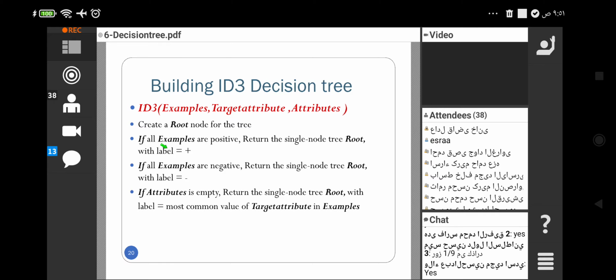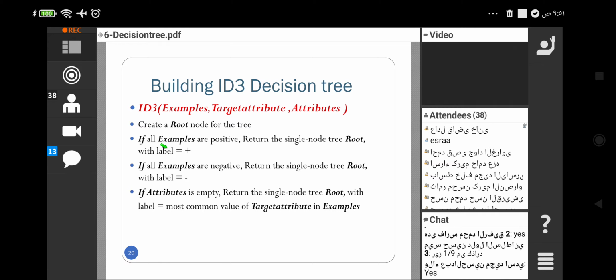So when we are building the decision tree, we may come to a situation where all of the data have the same class or label. In that situation, we have to put a leaf node.